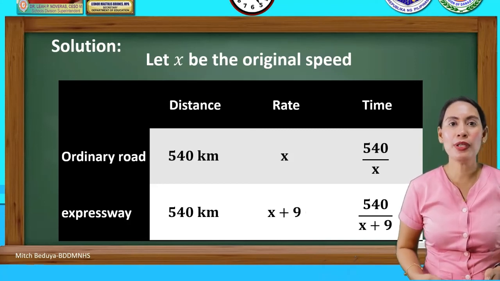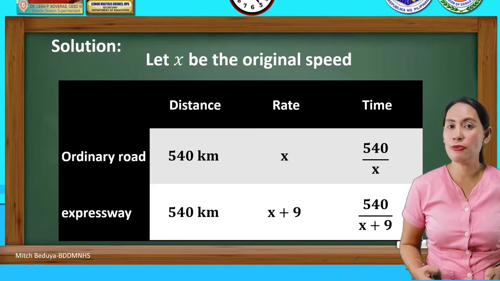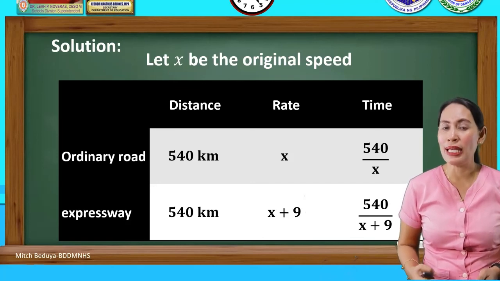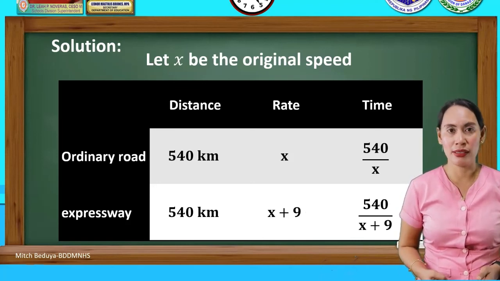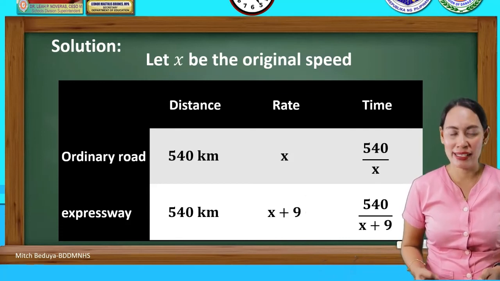Next, if the motorist uses the expressway, his distance traveled is 540 kilometers. Then the rate was x plus 9. Then the time, that is 540 over x plus 9.